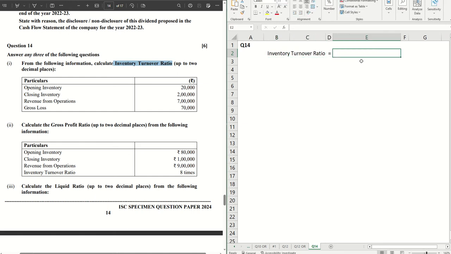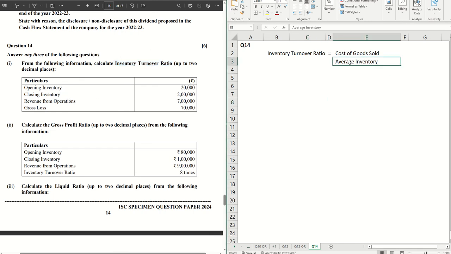So inventory turnover ratio equals cost of goods sold. The formula is very important. If you remember them, you can do the sums very quickly. All right. Cost of goods sold by average inventory. Okay. It's important to put the values.